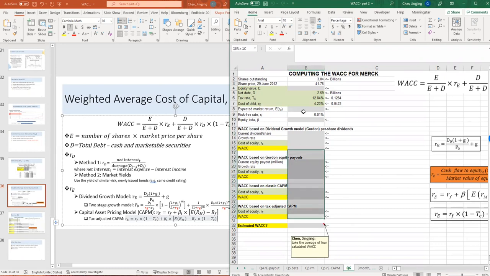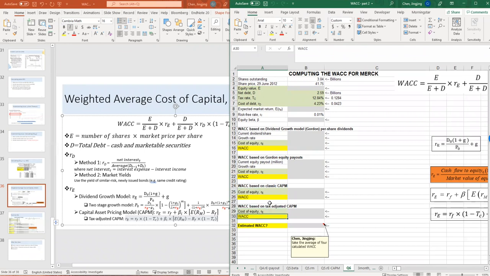So putting all this information together, we'll calculate net debt, tax rate, cost of debt, and here calculating the cost of equity using the dividend constant growth model, calculating cost of equity using the constant growth model based on equity payouts, and using CAPM to calculate the cost of equity, using tax-adjusted CAPM to calculate cost of equity.